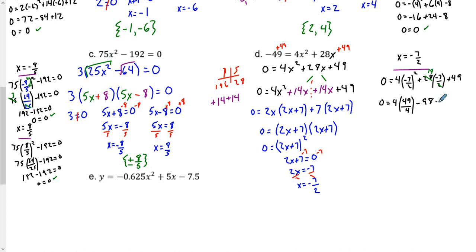So negative. At the same time, 4 and 4 completely reduce. I'd have 49, subtracting 98, so adding 49. And I know for a fact that that sum and difference equals 0. So our zero, our x-intercept, is negative 7 over 2.